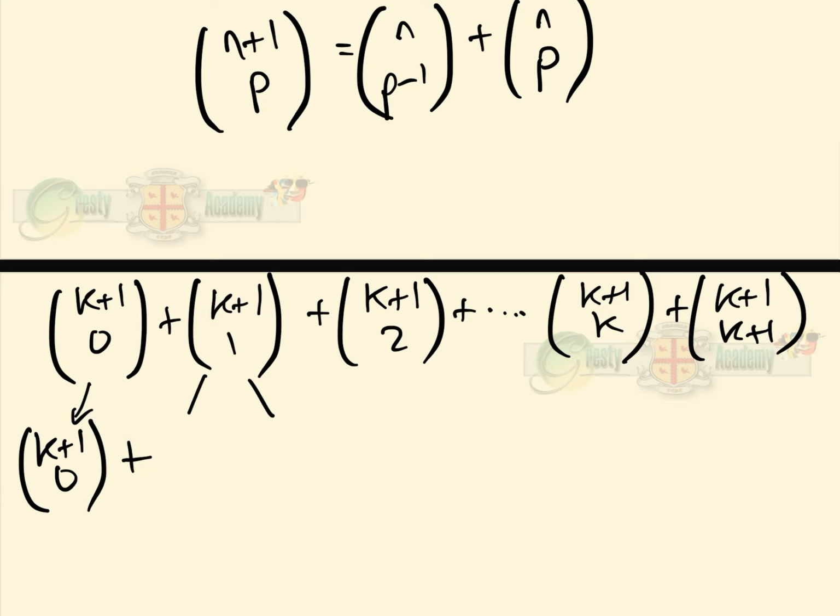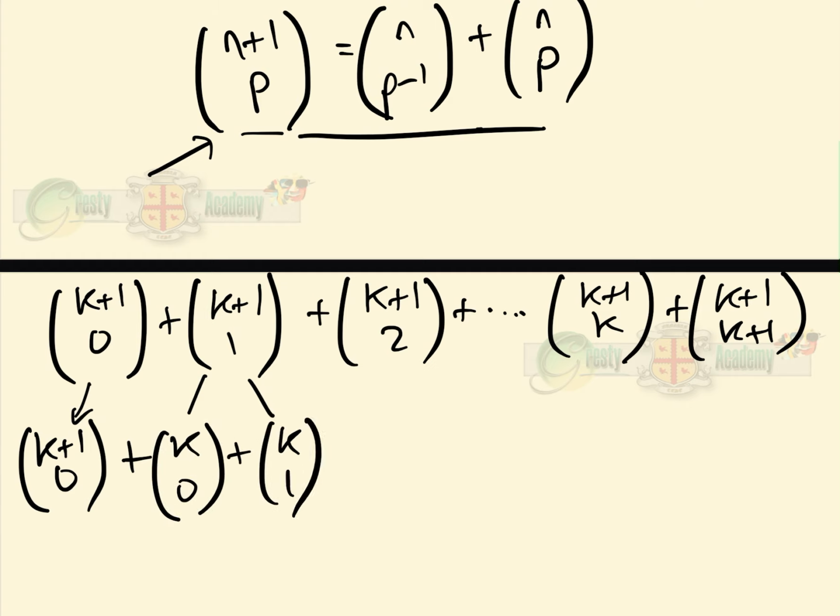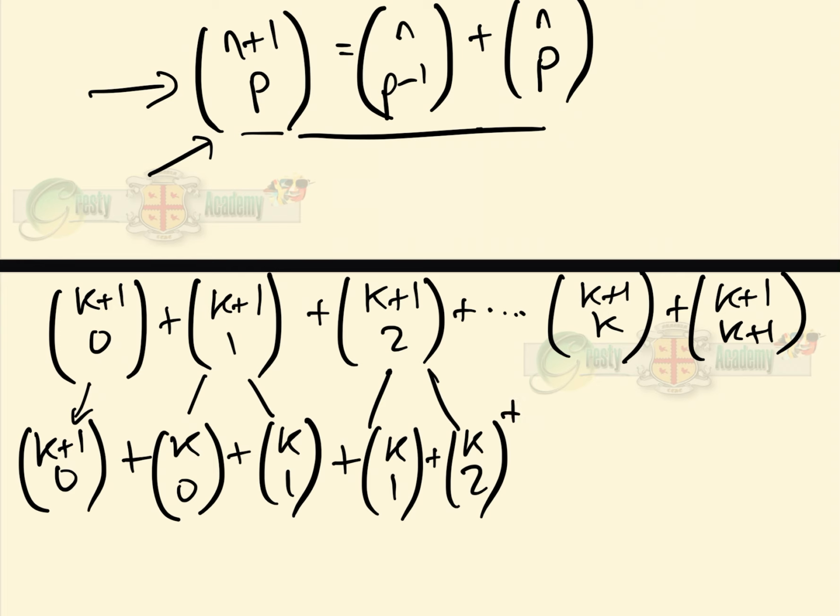Now k plus 1 1, let's use Pascal's identity here to split this one, using this formula, into k0 add k1. All I've done is used this identity, where k is the n and p is 1. And then let's split this one as well by Pascal's identity, and that will give us k1 add k2. And then let's go all the way over here and split this one again by Pascal's identity.